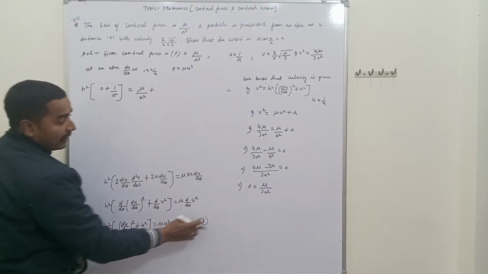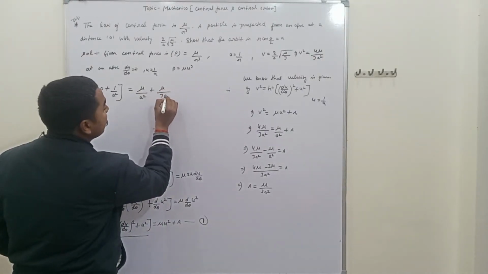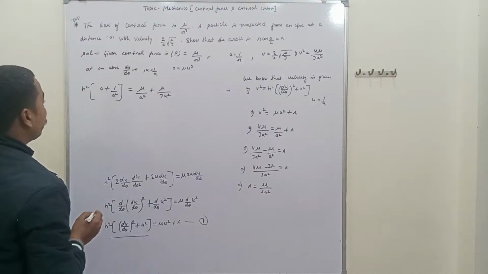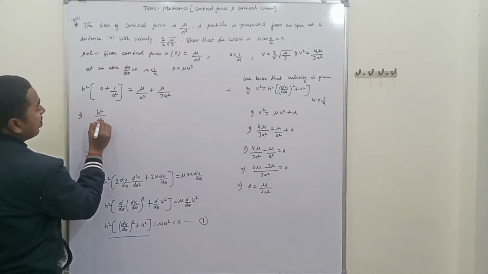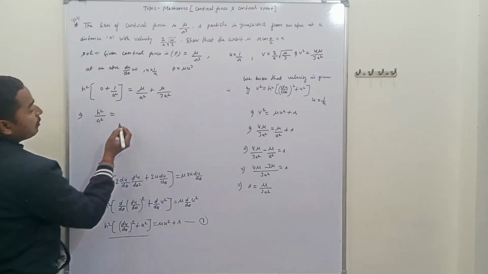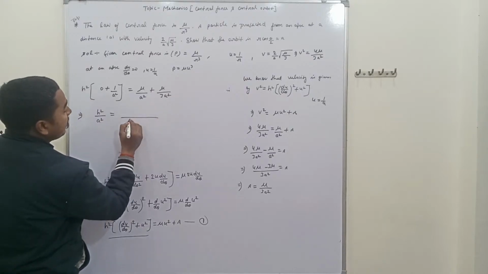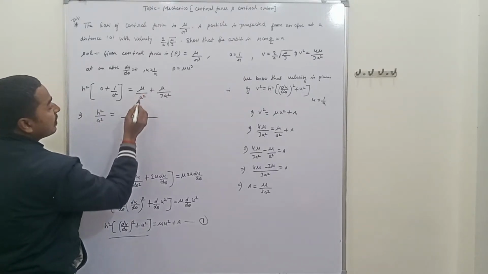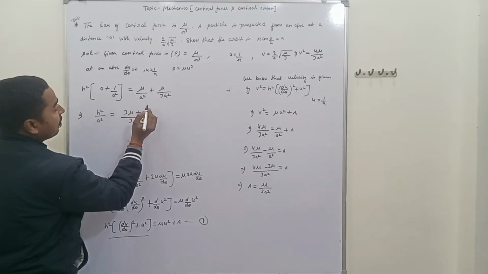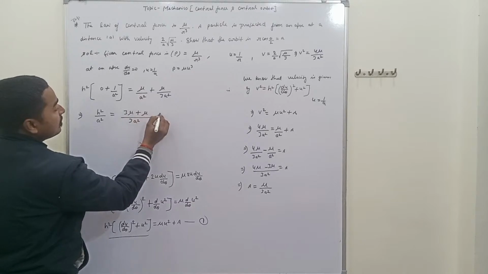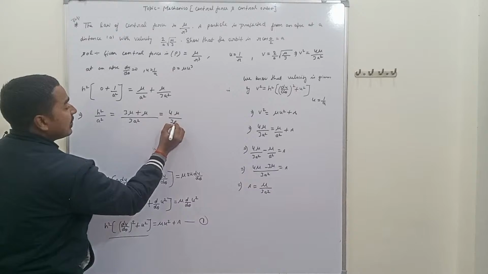and we have to put the value of a here, that is mu upon 3a square. From here, that is h square upon a square is equal to, here we have to take the LCM, that is 3a square, and here is 3 mu, and plus of mu is equal to 4 mu upon 3a square.